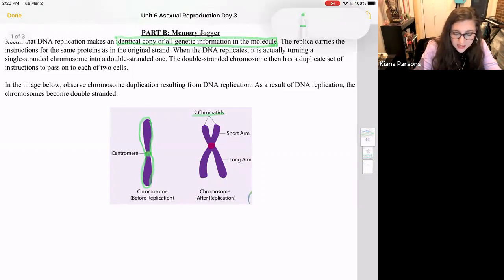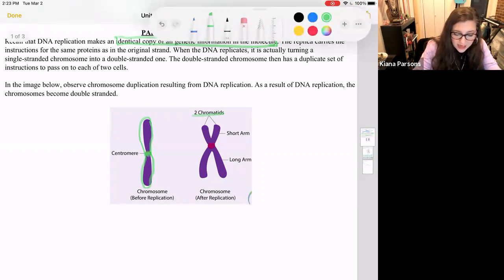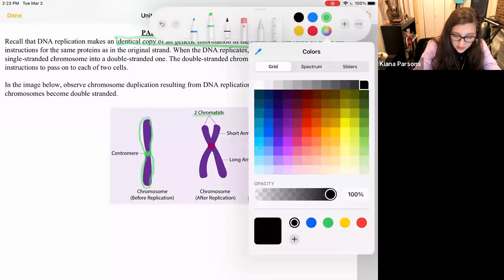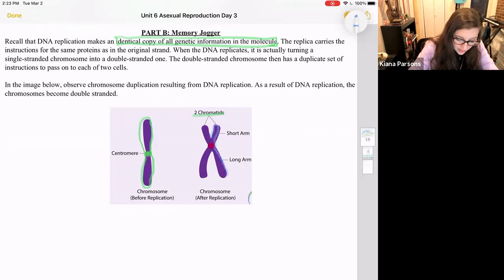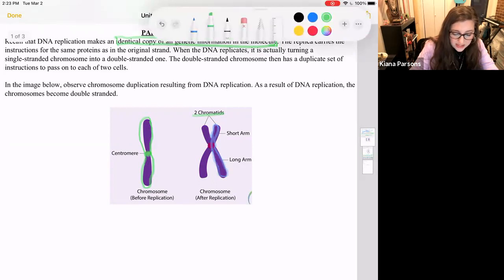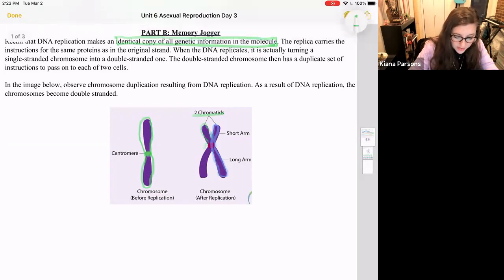So when the chromosome is about to duplicate, that centromere actually is not replicated because it holds the two sister chromatids, the one original and now the copy, in place. And those two sister chromatids contain all of the exact same genetic information. They code for the same proteins, and now they are complete.